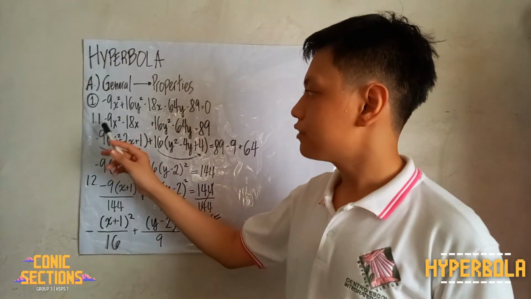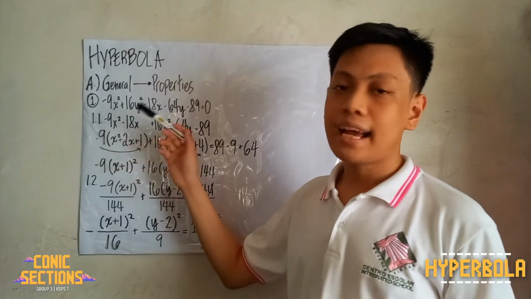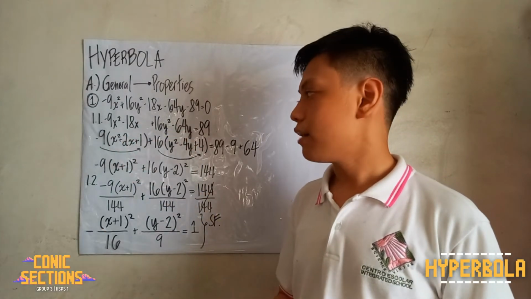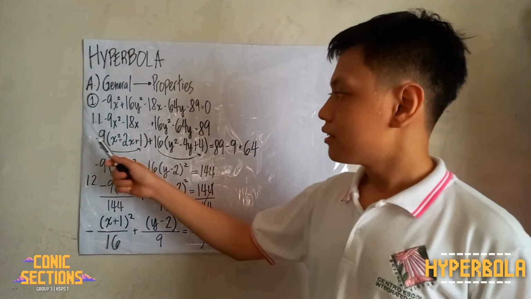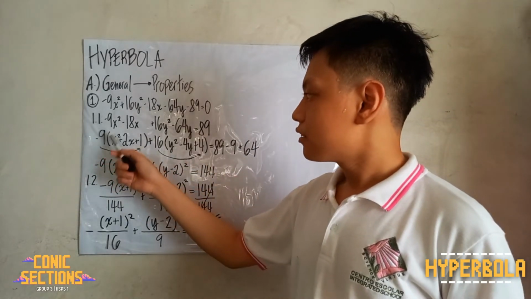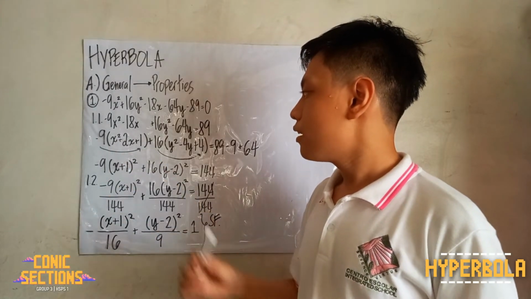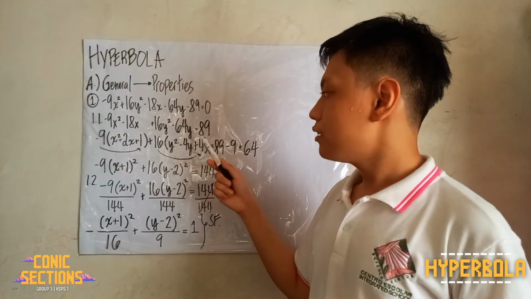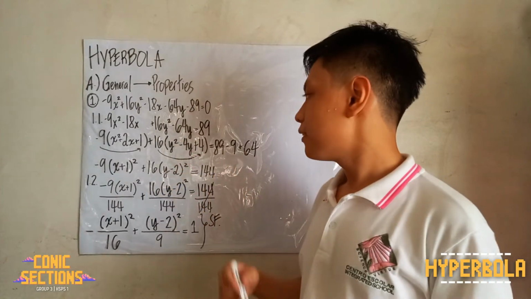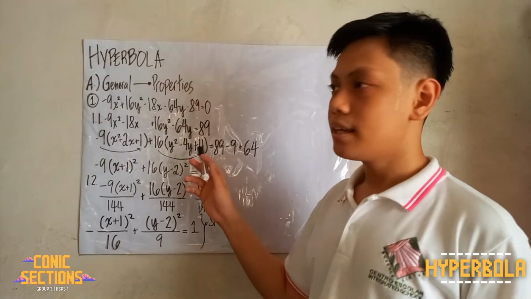So when we factor out negative 9 and 16 and complete the square, we'll end up with this equation. Negative 9 times (x² + 2x + 1) plus 16 times (y² − 4y + 4) is equal to 89 plus 9 plus 64.